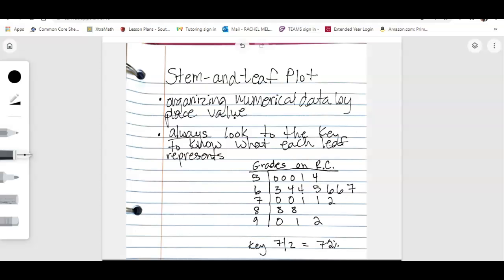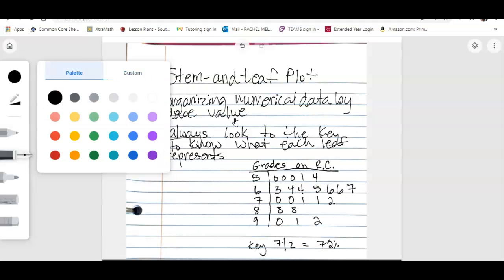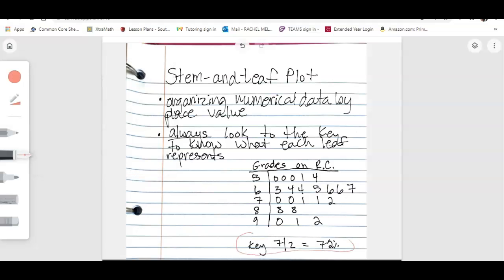If I look down here, right here, here's my key. It says 7, a straight up and down line, 2. That's not 712, that's 7 with a line and 2 is representing 72%.